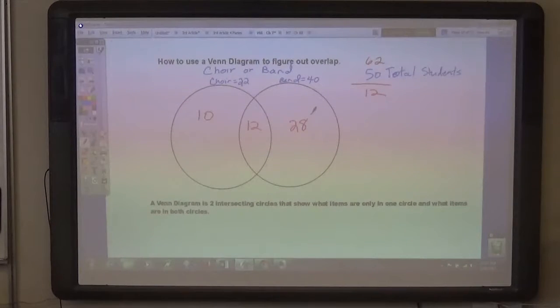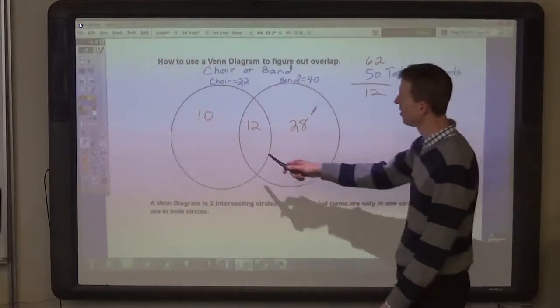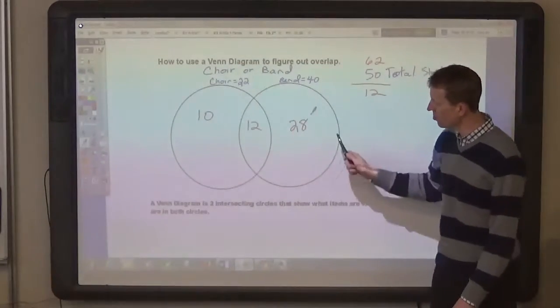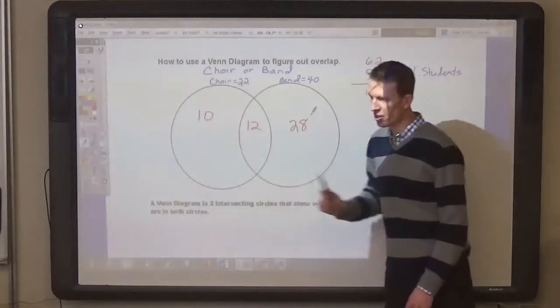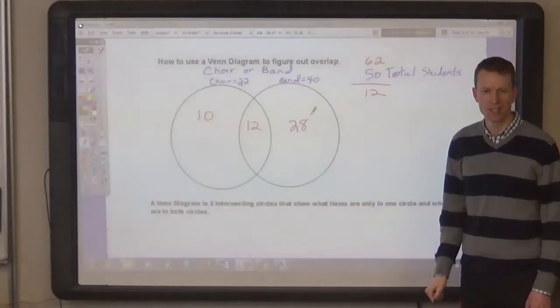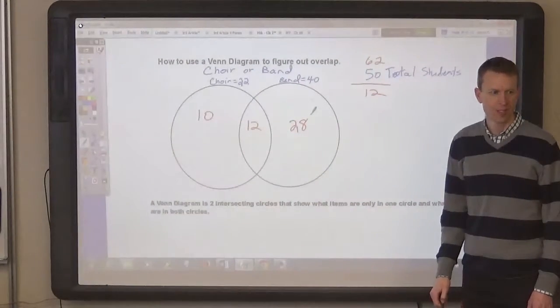I think I'm done. Do you see how to do that? Yes. So 10, 12, 28, there's 40 in this circle, there's 22 in this circle, for a total of 50 students. Okay?